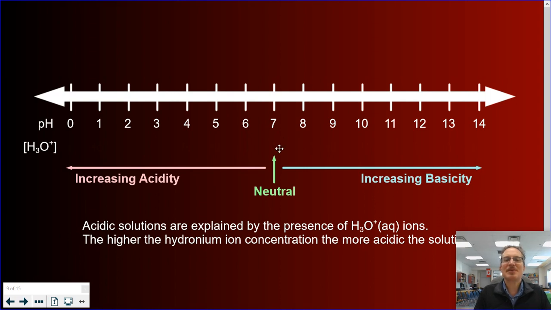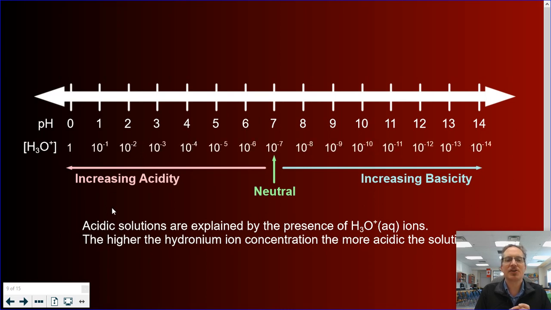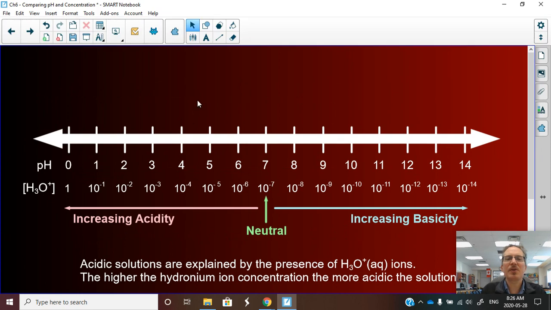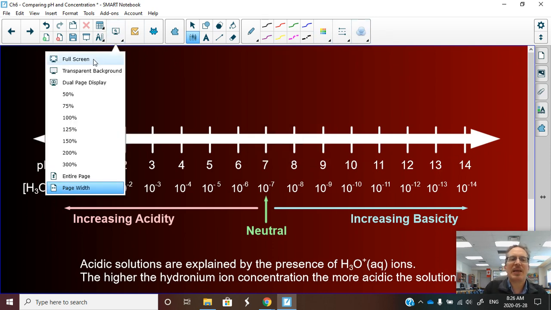So I've got my same table as before, my same pH scale as before, neutral in the middle, left-hand side below 7 pH will be acid, greater than 7 will be a base. However, what I want to do is attach the hydronium ion concentrations. Now, when you look at these, you are going to see that these hydronium ion concentrations all have a base of 10.